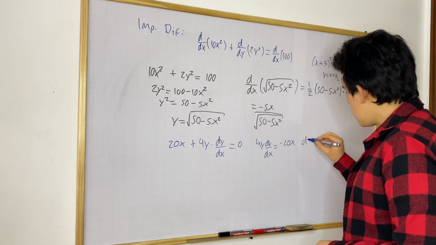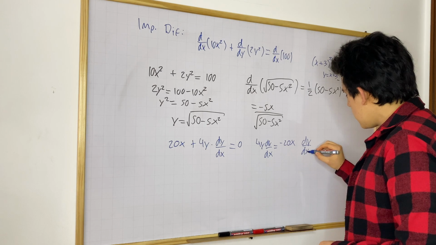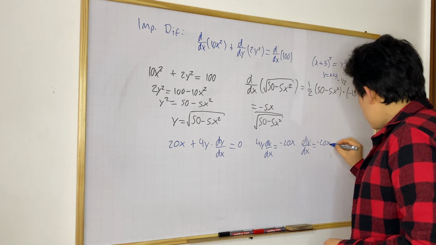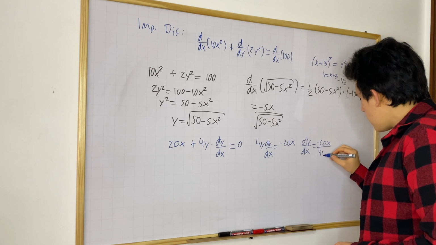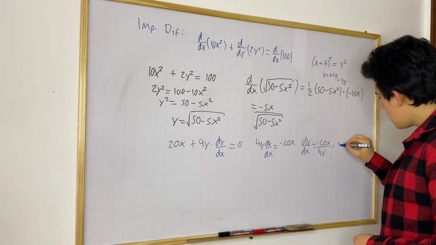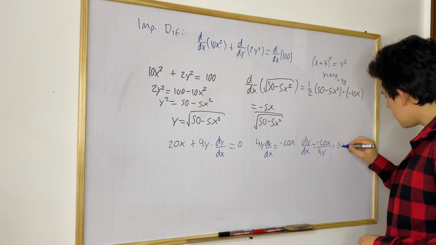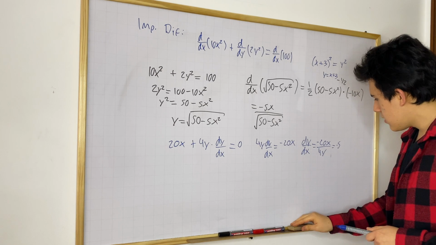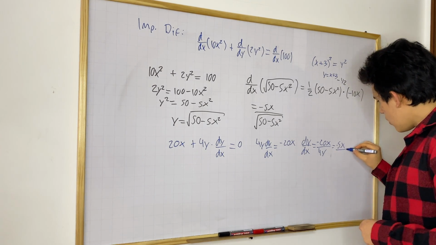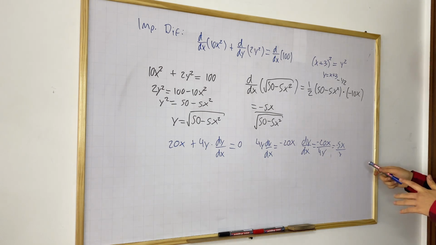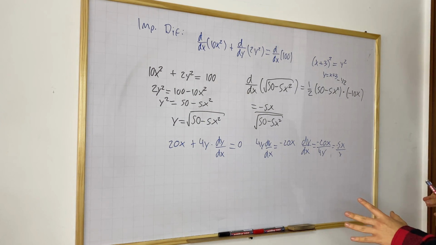You're going to have dy over dx equal to minus 20x over 4y, which is the same as minus 5x over y, okay?